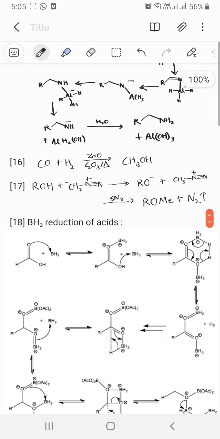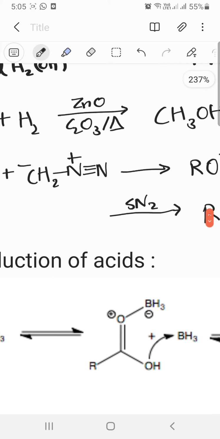C2O3 is something like a peroxy acid. Ah, yes, that makes sense. That could be the thing. C2O3, carbon oxide. Yeah, looks like that. O3, it must be something like a peroxide.